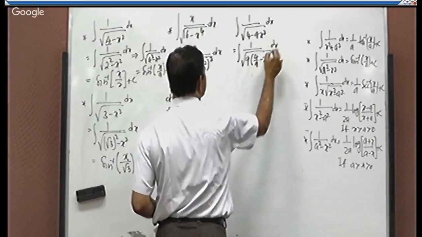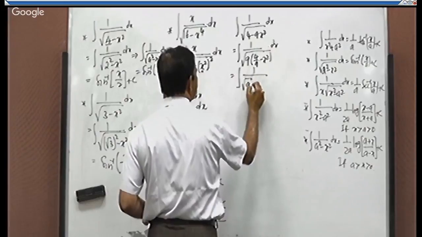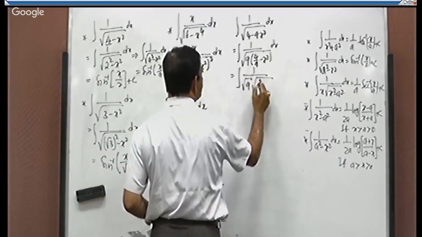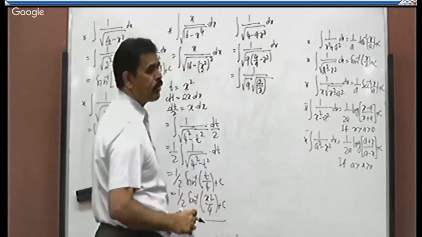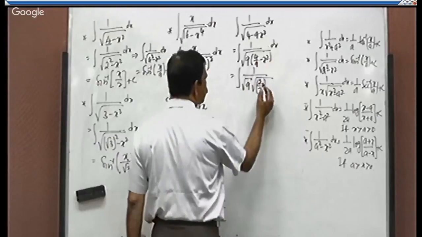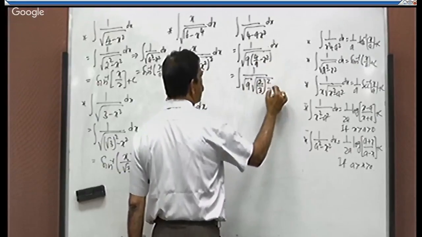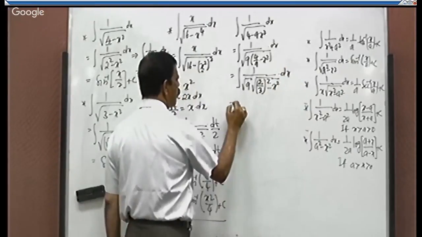That is equal to, separate the root, root of 9 into root of 4 by 9 minus x square. 4 by 9 can be taken as 2 by 3 whole square, since 4 is 2 square and 9 is 3 square. So it is 2 by 3 whole square minus x square into dx.